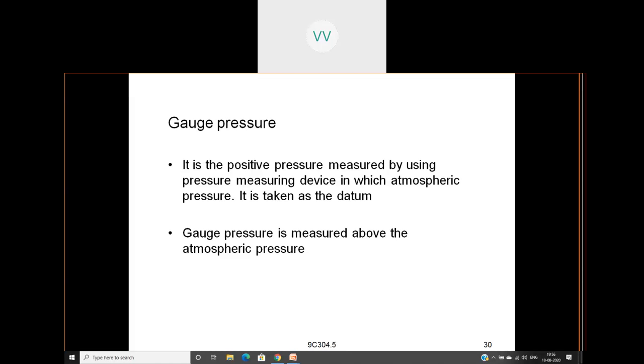Gauge pressure is something which is measured with the help of a gauge, as the name indicates. Gauge means gauging, means measuring. So gauge pressure means something which can be measured by using a pressure measuring device.